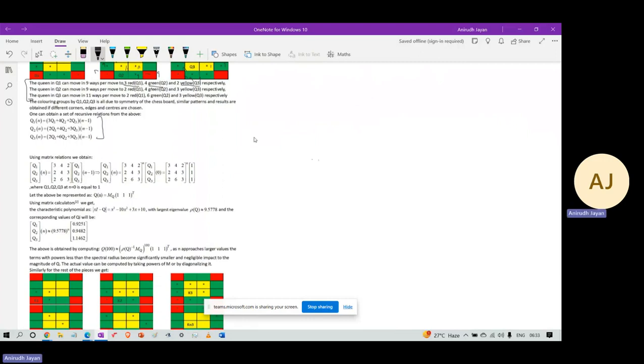Now, one can solve this matrix. Assume this matrix as M suffix q. Then q of n is nothing but M suffix q to the power n times 1, 1, 1.